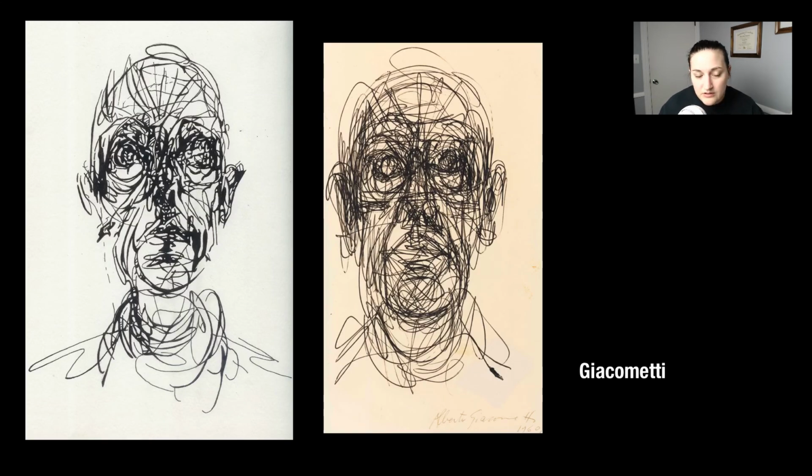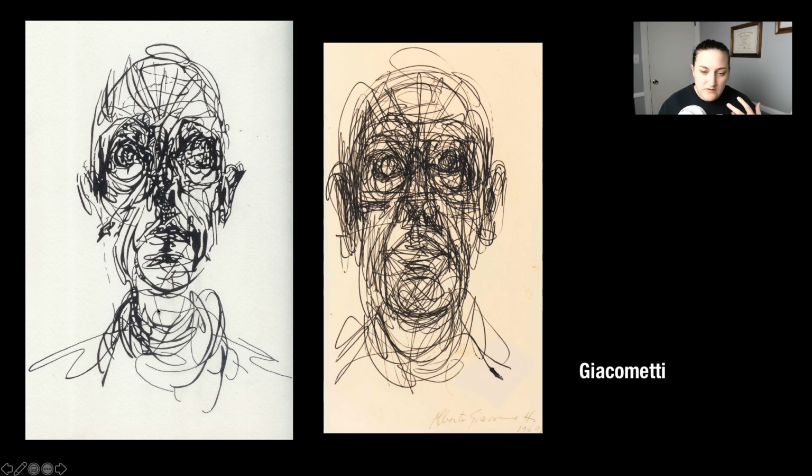Giacometti is a really good artist for this technique. Very famous for his elongated figure sculptures. But he uses a lot of these scribble techniques to describe the portrait. But again, very controlled. He knows exactly where he wants his line to go.